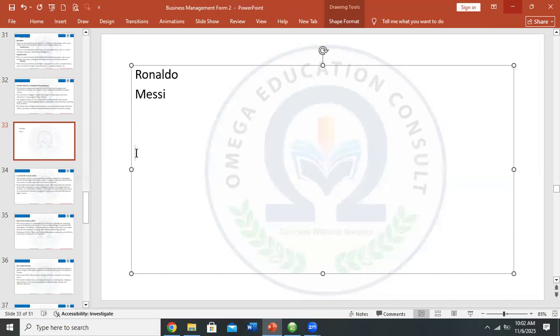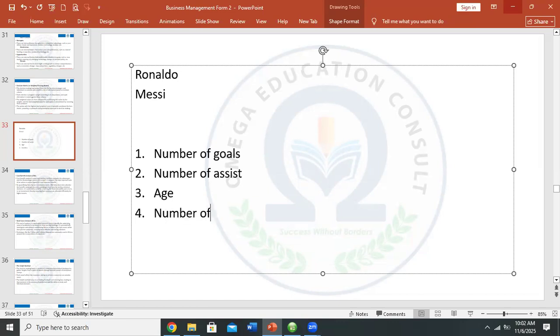Number one, maybe the number of goals scored. Number of assists. We'll add the age. We'll add the number of matches played. A lot of criteria.